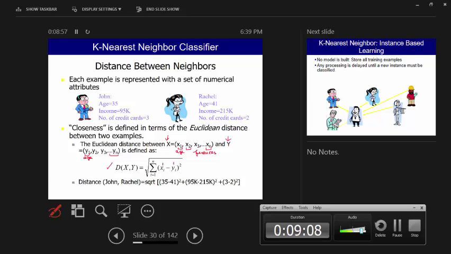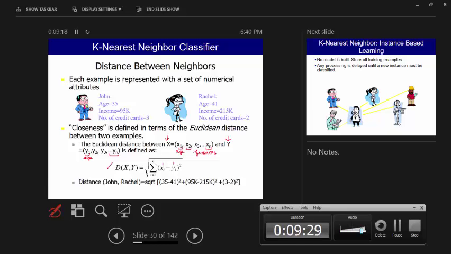Of course, the descriptions of x and y should be in the same format. So x1, if it is the value for age, then y1 also. So we make the difference.